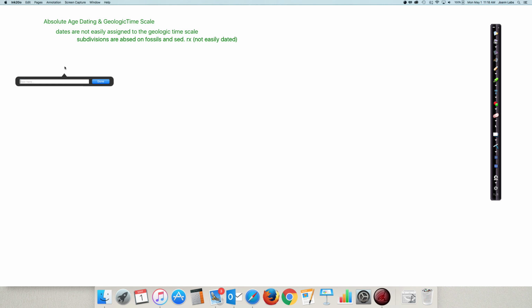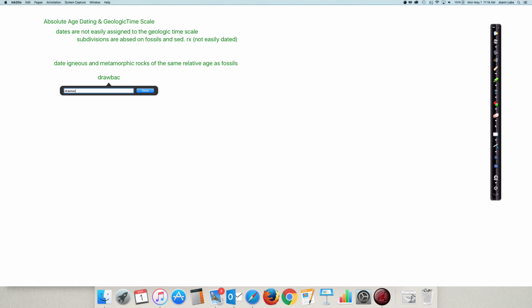So what they have to do is date igneous and metamorphic rocks of the same relative age as fossils. Well, there are problems with this.